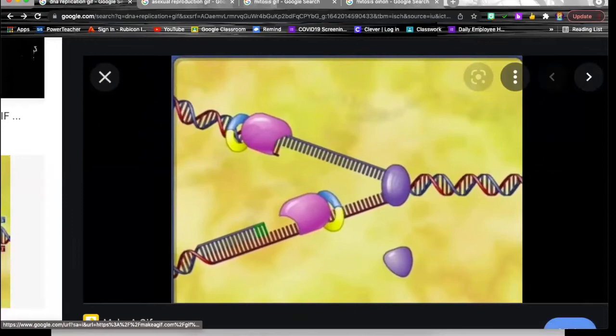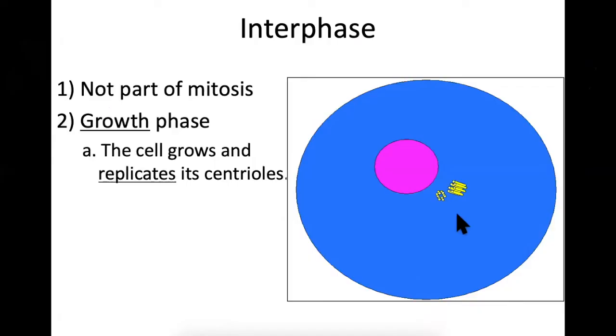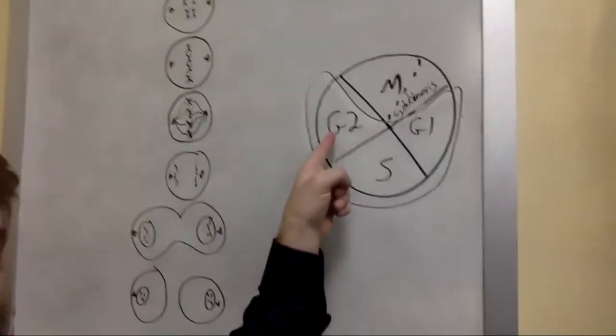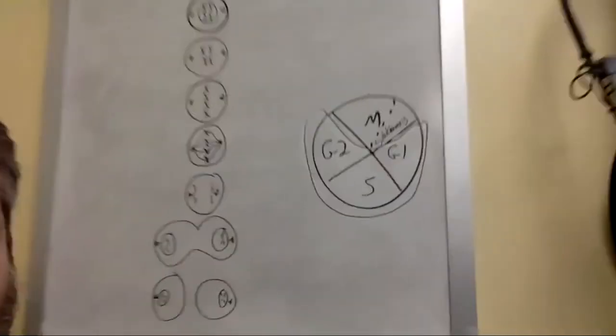Bet you're getting sick of this picture. And then we move on up to G2 phase, where it will grow a little bit more, and these centrioles are going to get replicated through protein synthesis from last chapter. And now we are able to move into the M phase, mitosis.